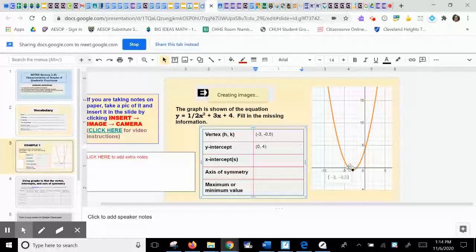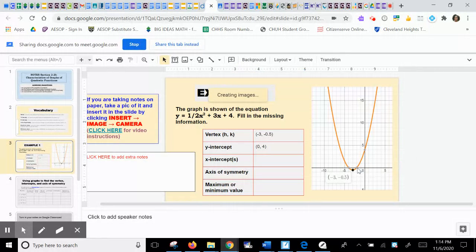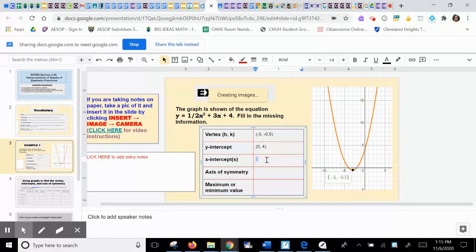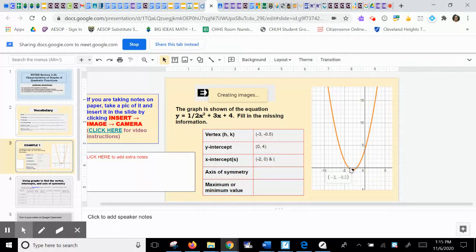X-intercepts. There are two x-intercepts. We got one here and we have one here. Okay? So this one here on the right is at -2 on the x. So that means the point is -2, 0. And we got a second one right over here at -4 on the x.